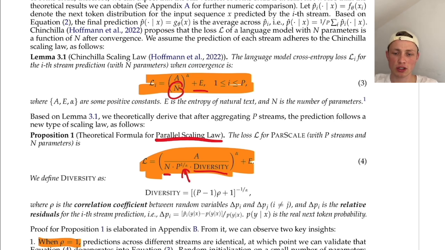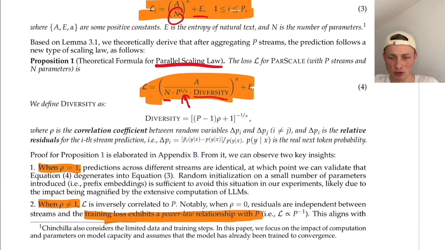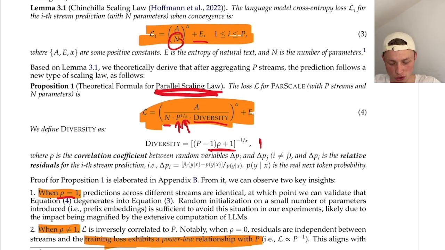What we could also see is that P refers to our number of parallel computations, and this P is not referring to the diversity term but to the P in this equation here. And they're saying, okay, if P is equal to 1, then there's no diversity, and therefore this parallel scaling law is the same as the normal Chinchilla scaling law.